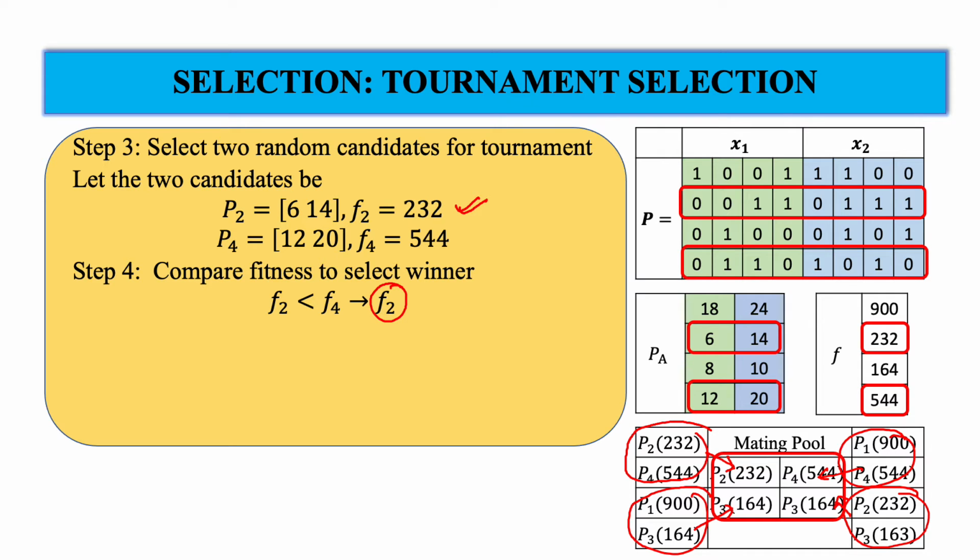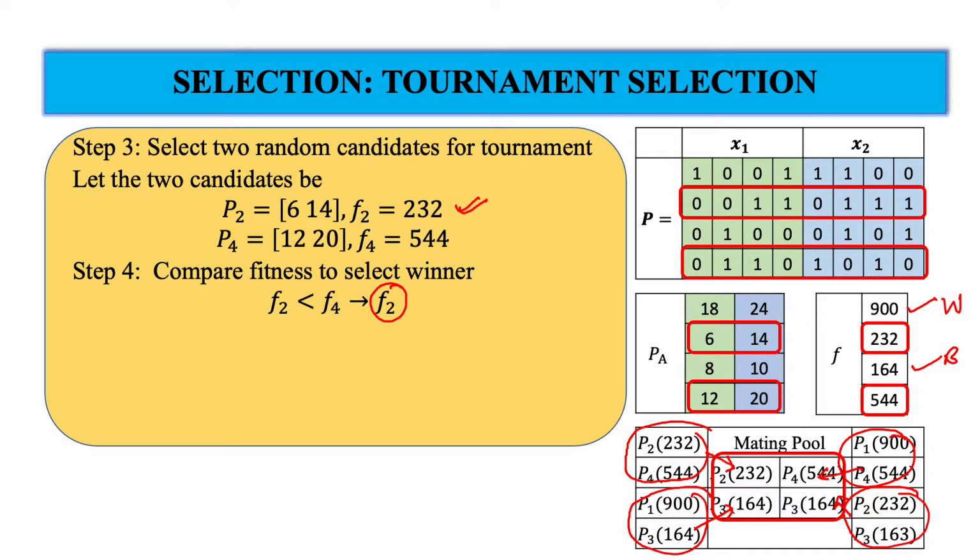So at the end of the mating pool, if you see here, some of these fitness values, like 164, was the best among all the fitness, and 900 is the worst. This is best, this is worst.